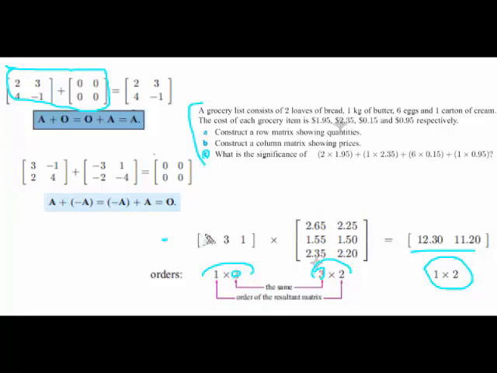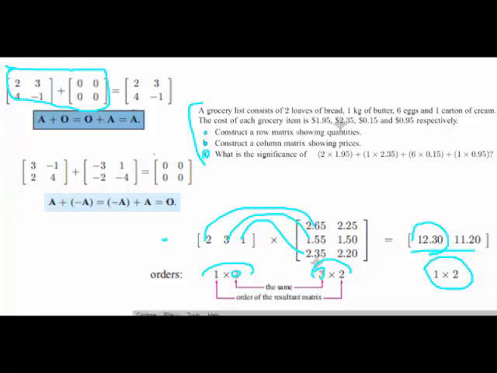But the first thing we do is go 2 times 2.65 plus 3 times 1.55 plus 1 times 2.35. And if you look at that, you'll get the answer 12.3.